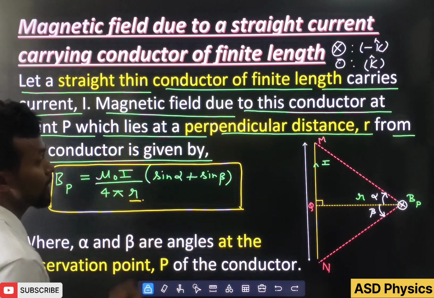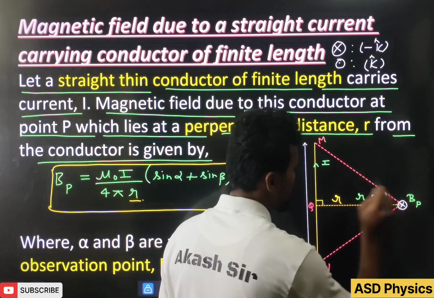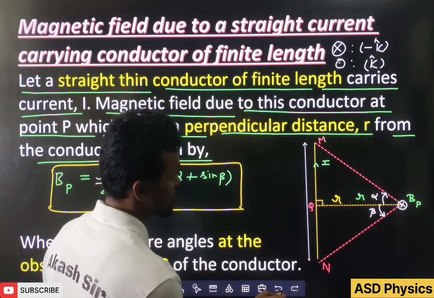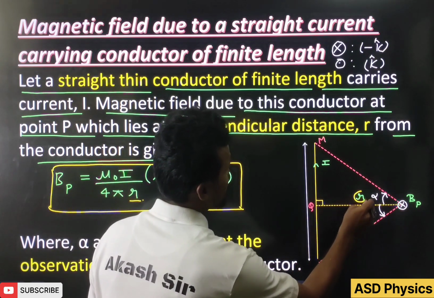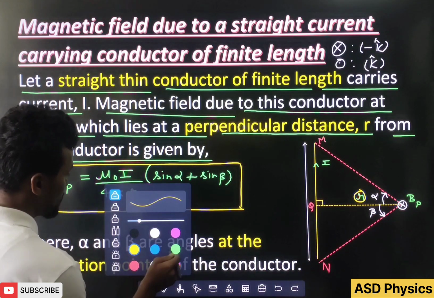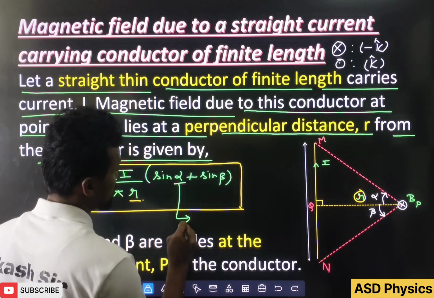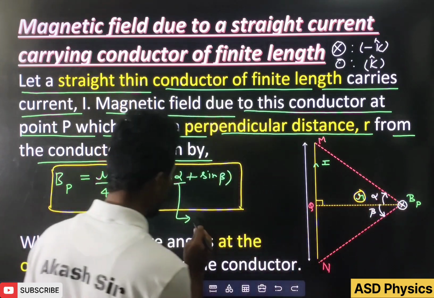What is r? Remember that r is the perpendicular distance from the wire to the observation point. Now if I talk about this angle alpha, in which direction is it? Clockwise direction.